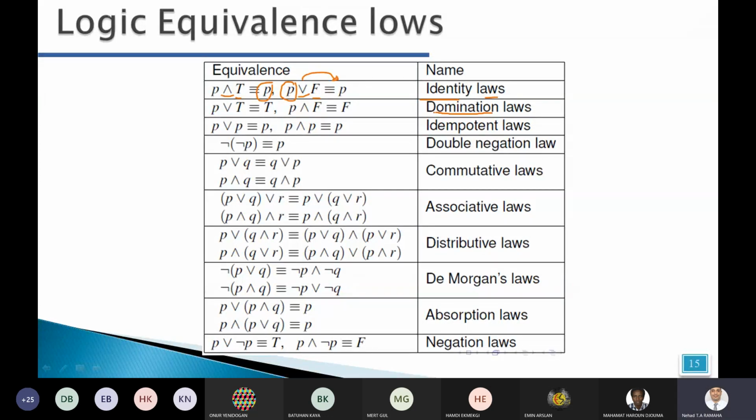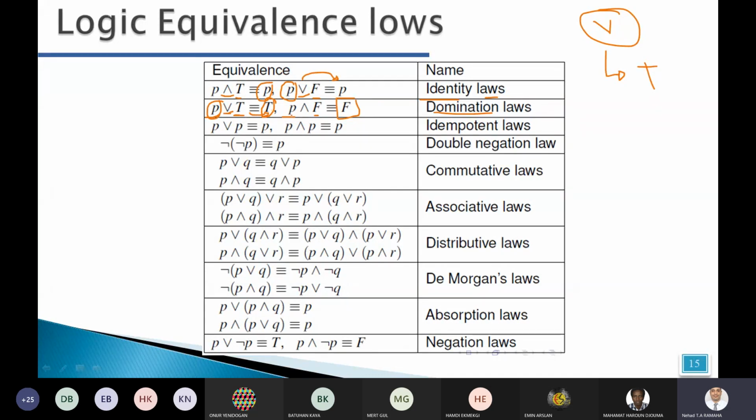Domination law. Domination law is also similar, but here, if I have P or T, the result will be true. If I have P and false, the result will be false. We mentioned that for the OR operation, if any side is true, the result will be true, so it doesn't matter what P is.